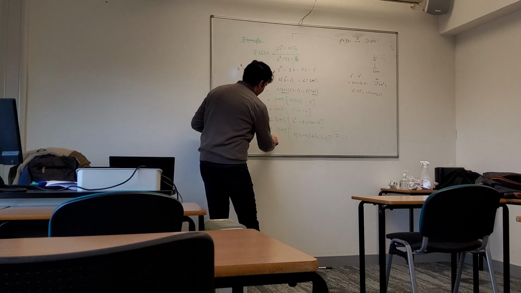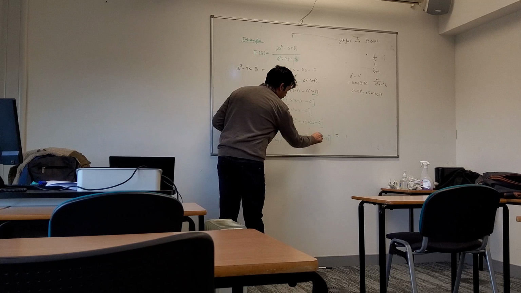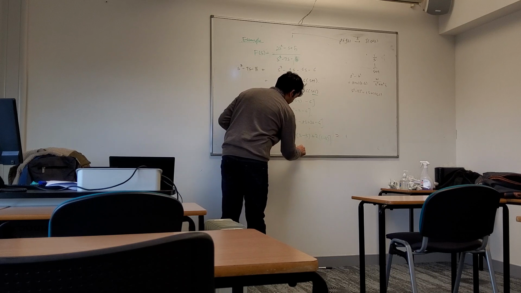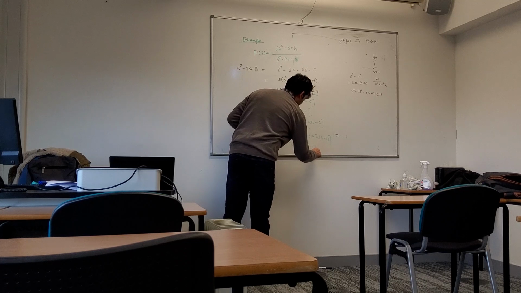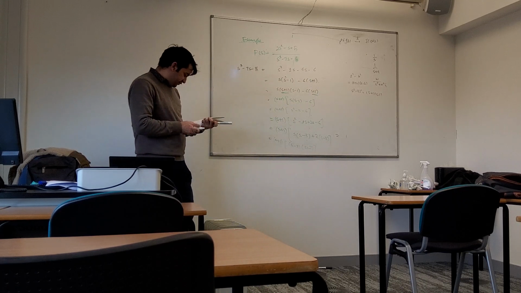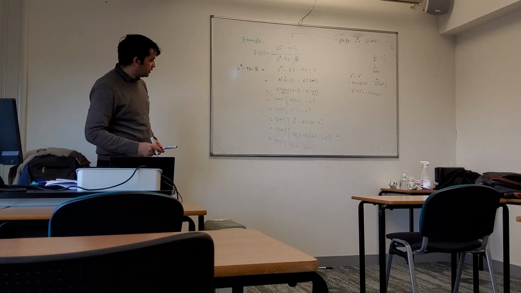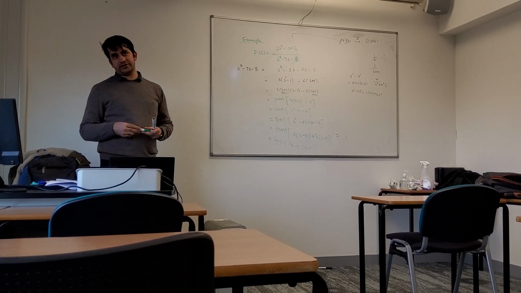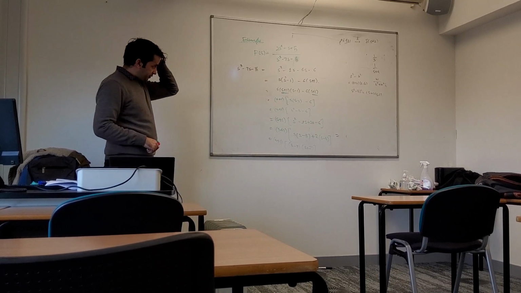Finally, taking s minus 3 common, it would be s plus 1 into s minus 3 into s plus 2. So we factorized it as s plus 1 into s plus 2 into s minus 3. If you multiply them again, you will get the same equation.